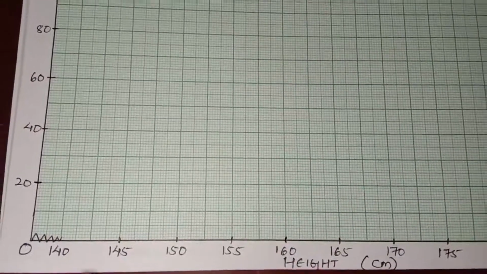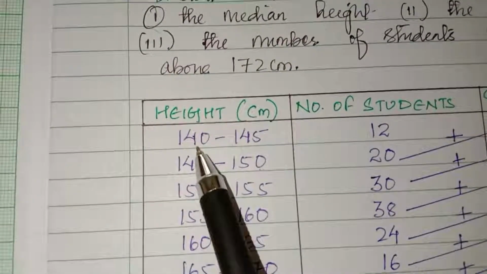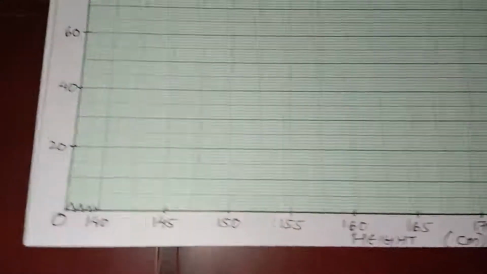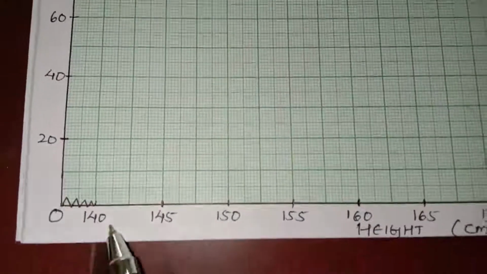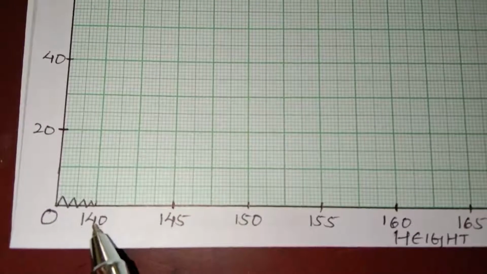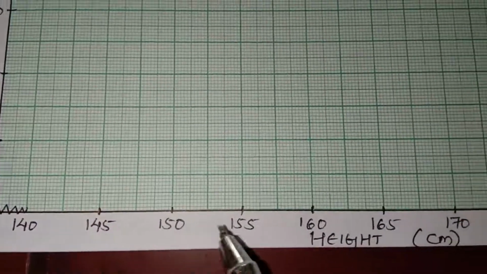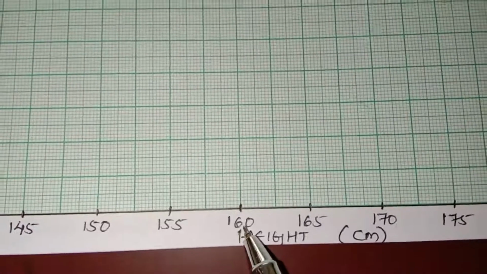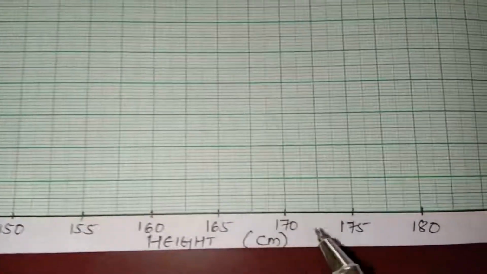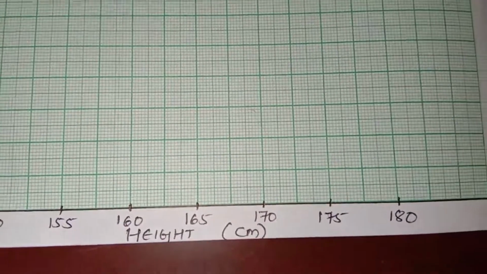Here the lowest is 140, so you have to start from 140. Since we are starting from a greater number, we make one zigzag here. Then 140, 145, 150, 155, 160, 165, 170, 175, and 180.